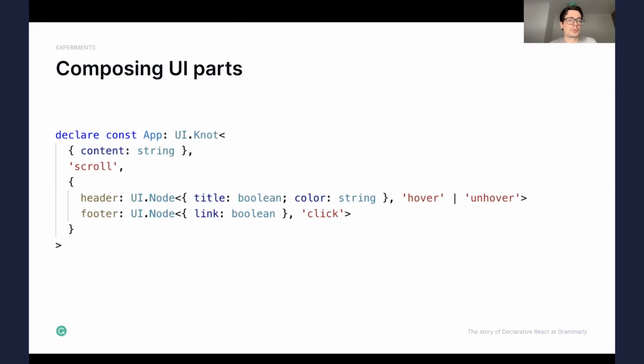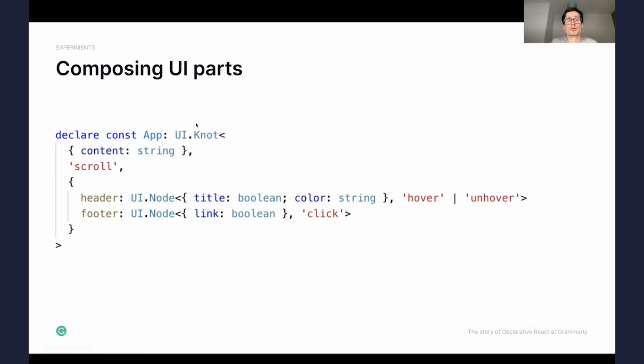So an example would be, what if we have some app component that provides some layout that consists of a header and a footer, and we wanted to put some parts at the place of the header and at the place of the footer. So maybe we have a footer that has a link that can be clicked, and in the header we have some title and a color that can be hovered or unhovered. I don't know. And the application can be scrolled, and it also has some default content maybe.